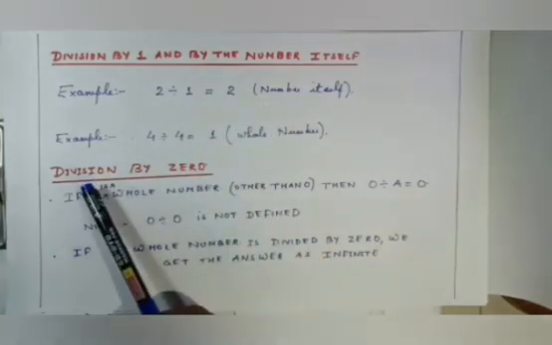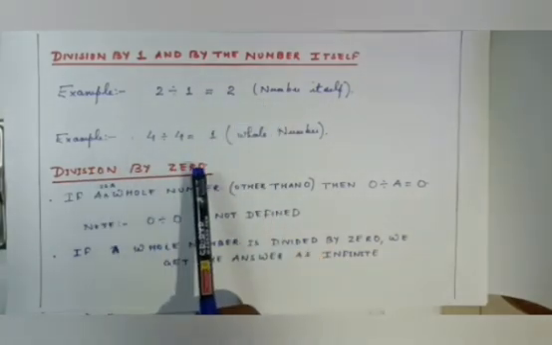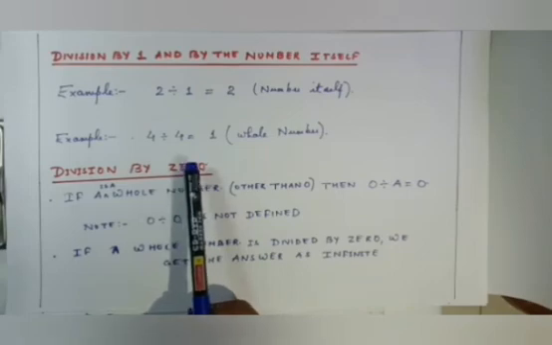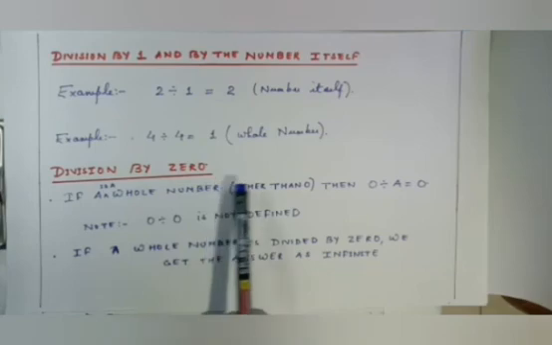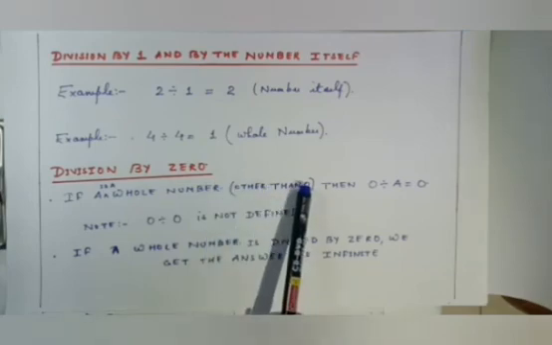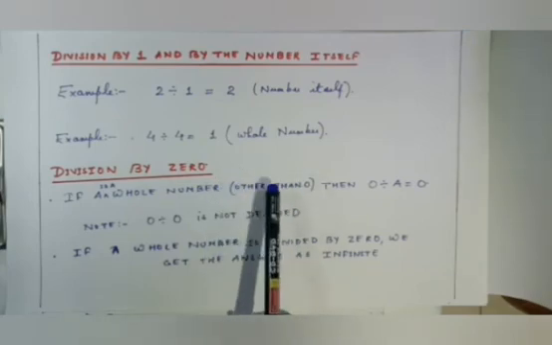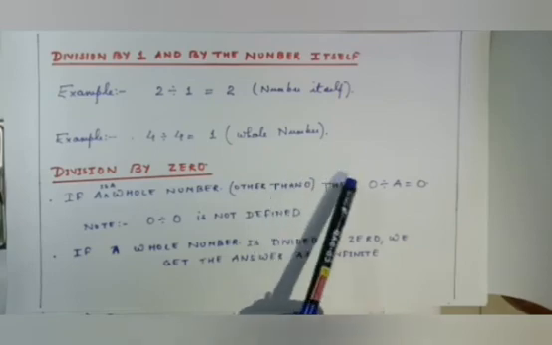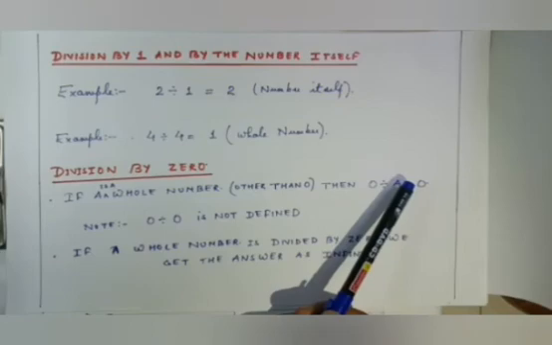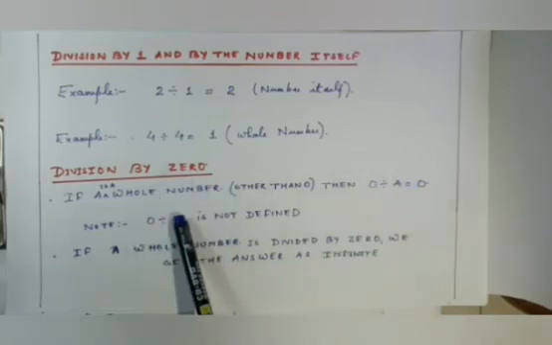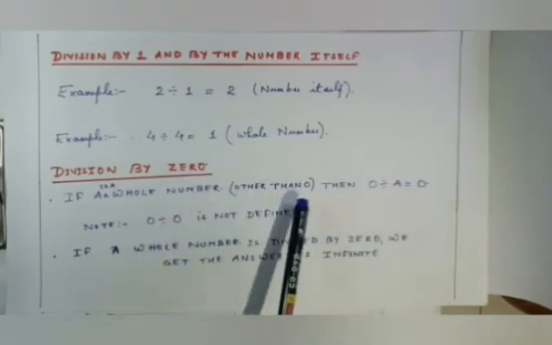Let us come to another topic, that is division by 0. There are two cases. Let us see first. If a is a whole number other than 0, then 0 divided by a is equal to 0. Note, 0 divided by 0 is not defined.